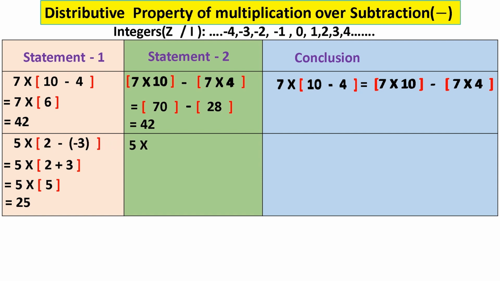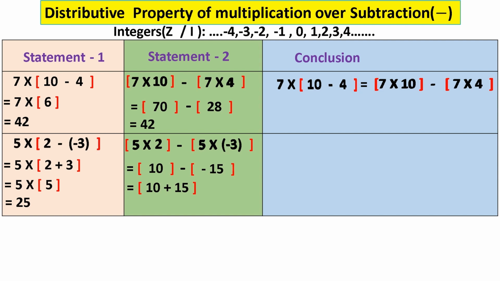And in statement 2, 5 into 2 minus 5 into minus 3. Now 5 into 2 is 10. So minus of minus 15 is plus 15.